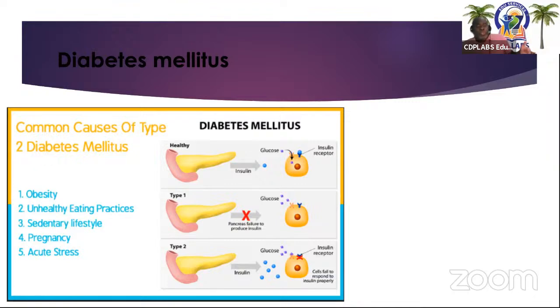Type 2 is where, as she showed you, it produces insulin, however, the cells fail to respond to it properly. So the cell receptor is not allowing the glucose to come in. In other words, the insulin receptor says to the insulin, where are you going?